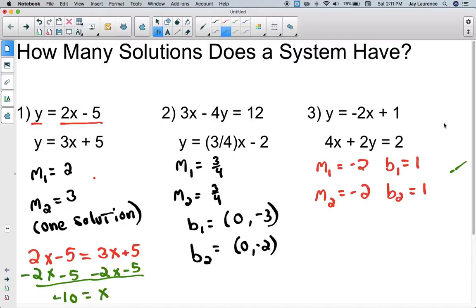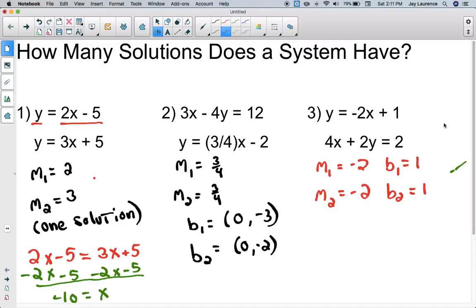Now, if you're getting ready to solve a system, it's a very, very smart idea to check the slopes and check the intercepts ahead of time. One, if the slopes are different, you know there's one solution. If the slopes are the same, you know either there's no solution or there are infinitely many solutions, and you can determine that pretty quick without having to do all the algebra.